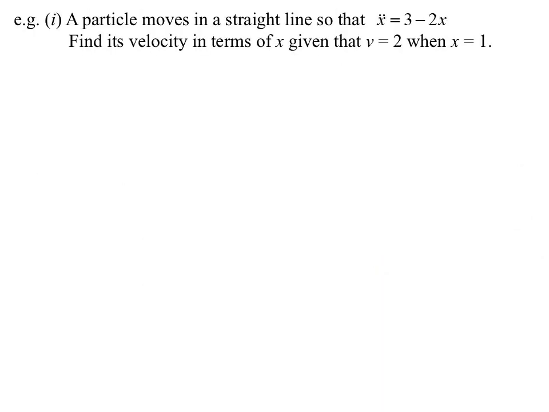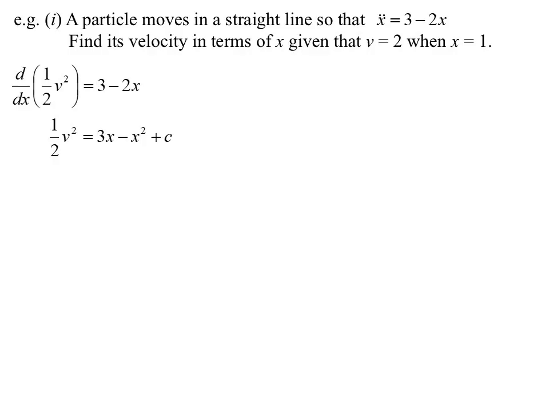So let's look at this one. We've been given an acceleration formula, but in this case it's in terms of displacement rather than time. We want to find its velocity in terms of x, and we've been given some initial conditions. We know that at x equals 1, the velocity turns out to be 2. Acceleration. Well, we said acceleration was d dx of a half v squared.